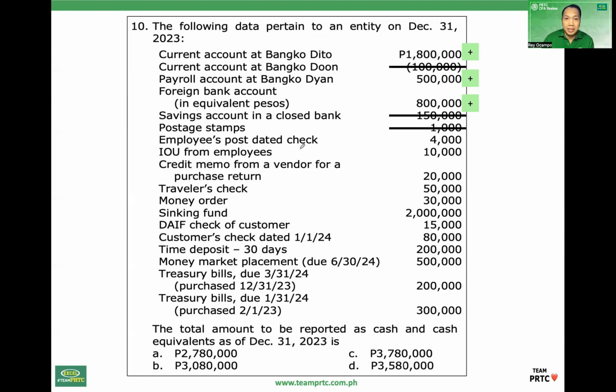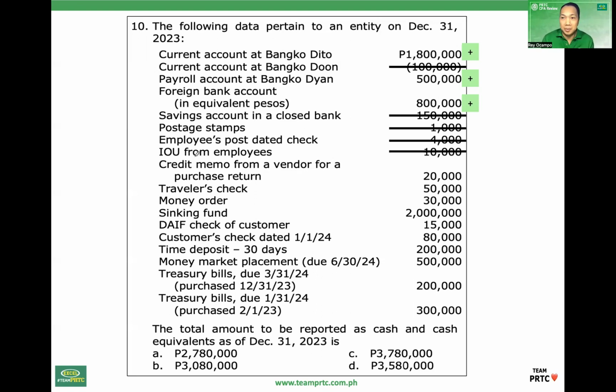Employees' post-dated check. Since the check is post-dated, it is not acceptable to the bank for deposit and immediate credit. Exclude. Receivable, so trade and other receivables. IOU from employees, exclude.